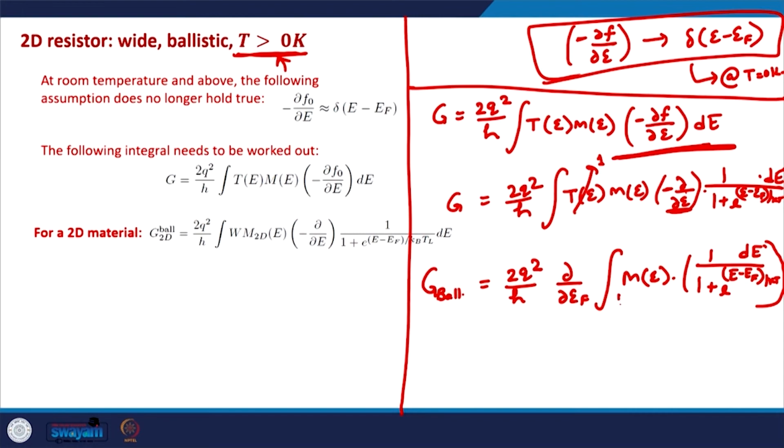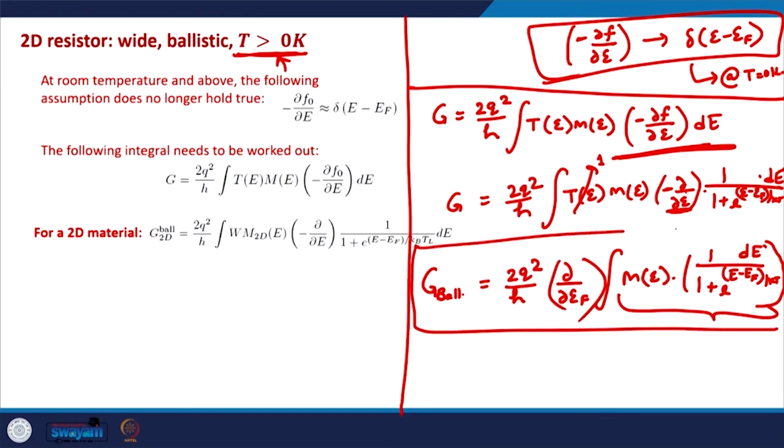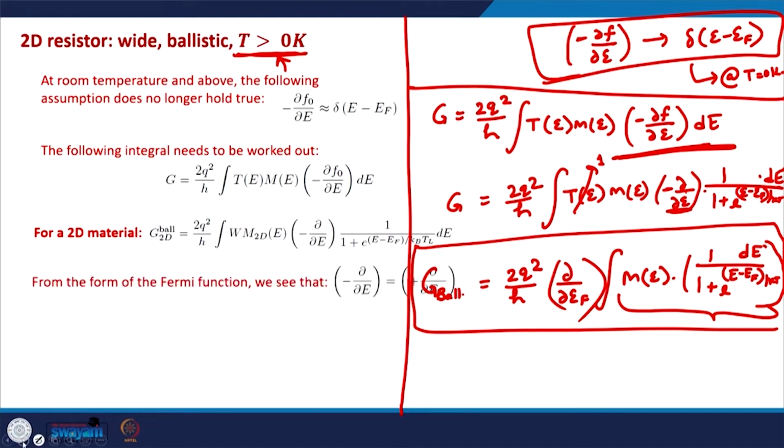Now this entire integral needs to be evaluated along with this differential, and this becomes a non-trivial calculation actually. For most practical applications, this becomes a difficult thing to do.